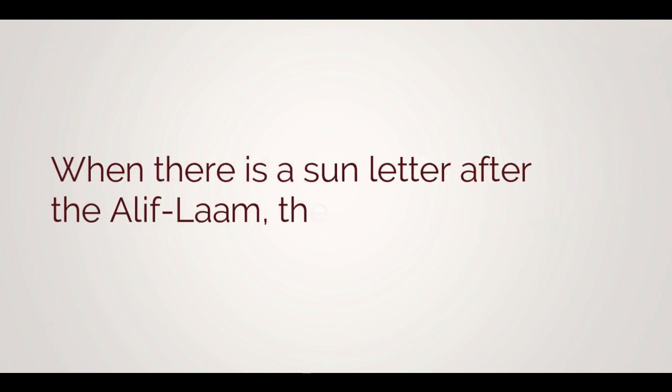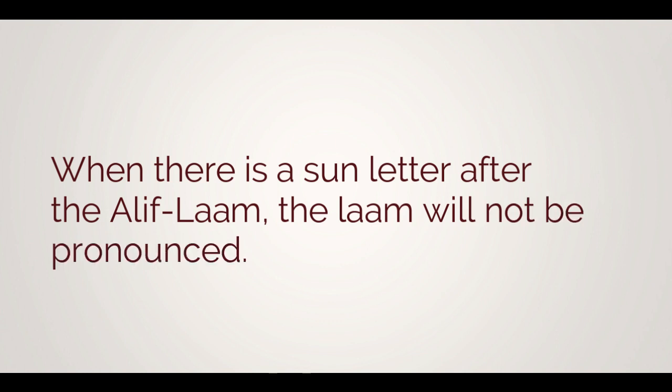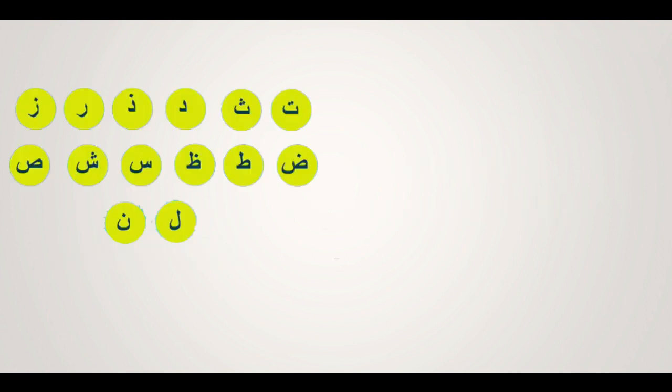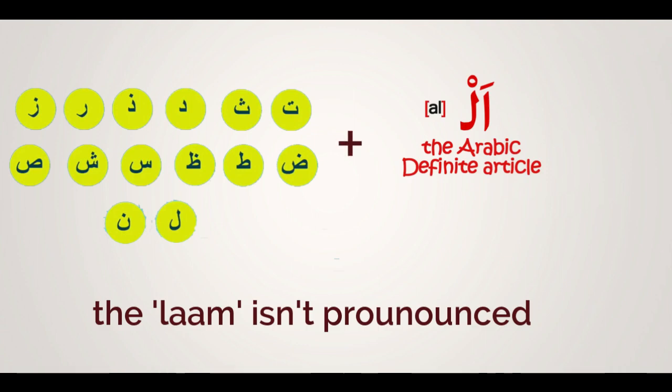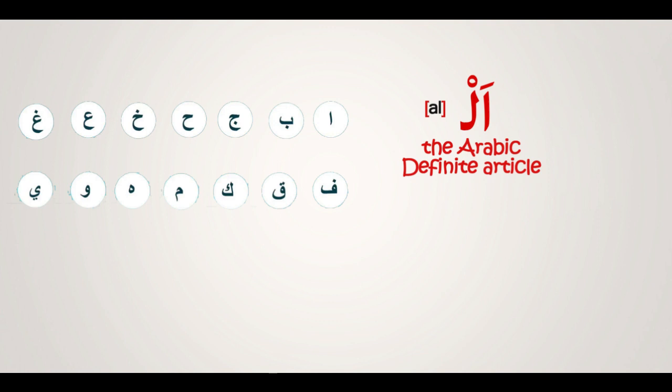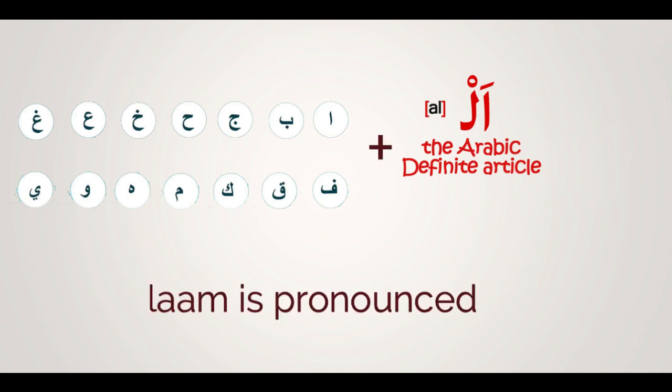Whenever you have a sun letter after the alif lam, you do not pronounce the lam. You directly connect the hamza with that sun letter. And when you have a moon letter after the alif lam, you must pronounce the lam.